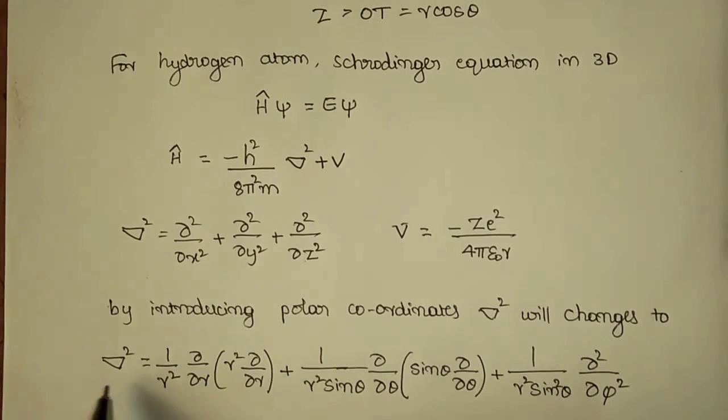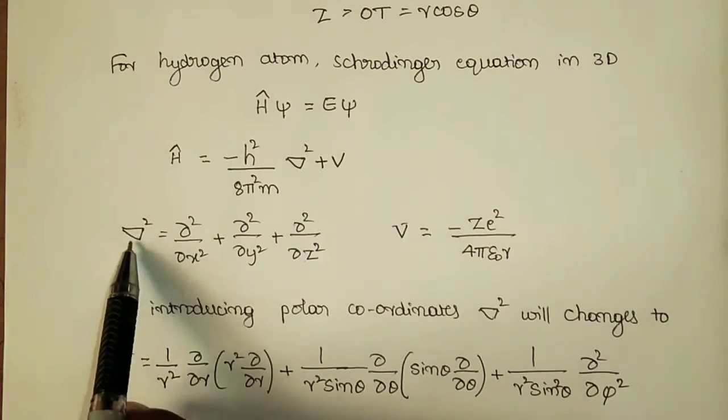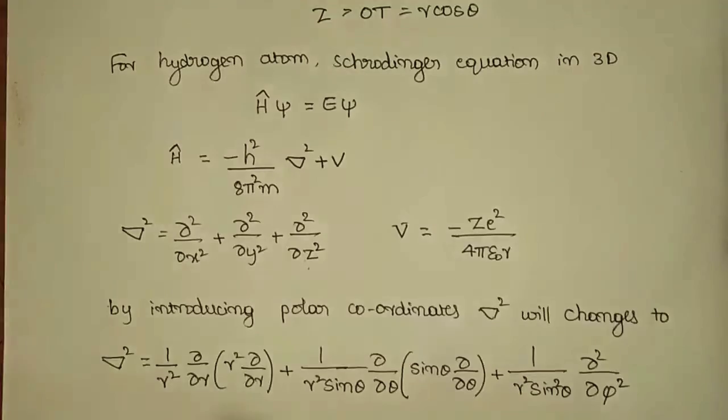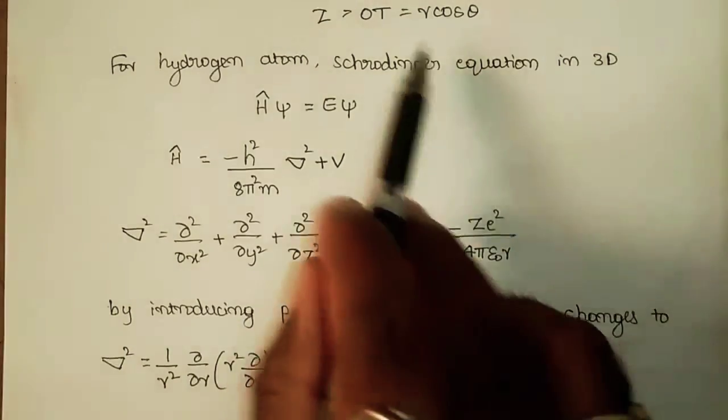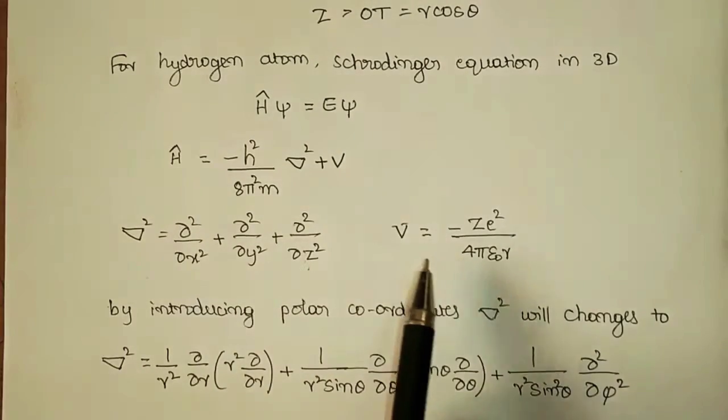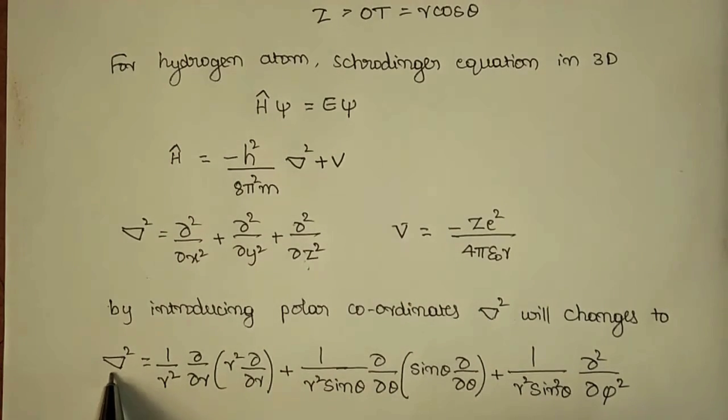So here you can observe, del square had x, y, z, that is Cartesian coordinates. But by introducing the terms x, y, z in this expression and performing the partial differentiations, we have got the terms r, theta and phi.